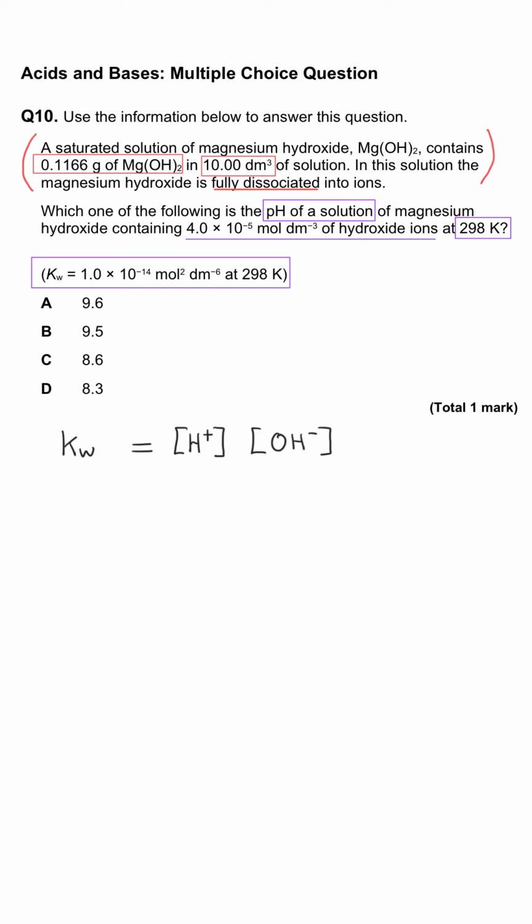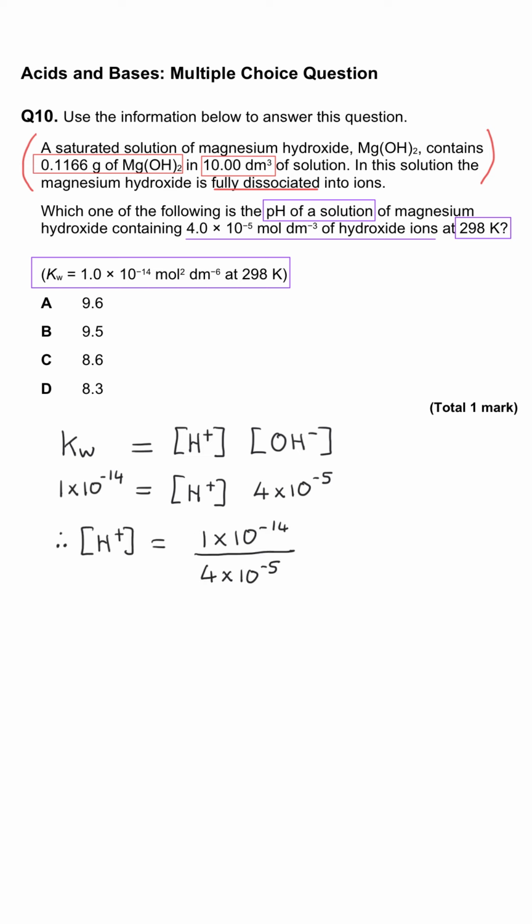And so that means that we need to work out what the hydrogen ion concentration is before we can calculate the pH. And so we substitute in the value for Kw and the value for the hydroxide ion concentration, and we're left with the expression 1 times 10 to the minus 14 is equal to the hydrogen ion concentration multiplied by 4 times 10 to the minus 5.